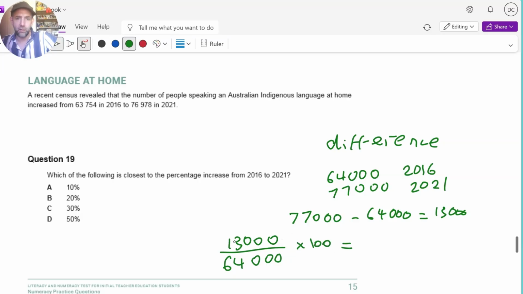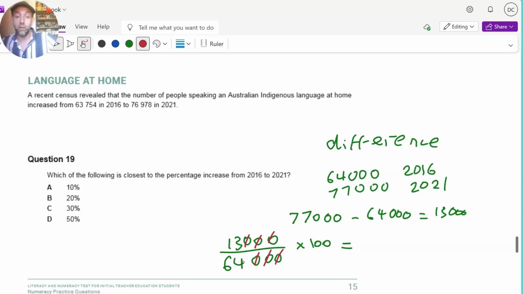But see if you can figure out how many 13s go into 64 would be my advice. So we can get rid of these zeros and simplify. Roughly how many times does 13 go into 64? Well, 13, 26, 39, 52, 65.